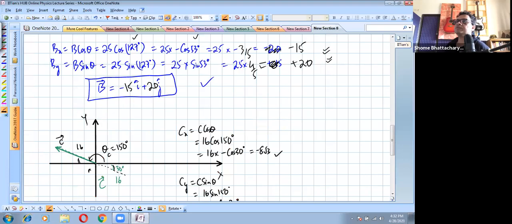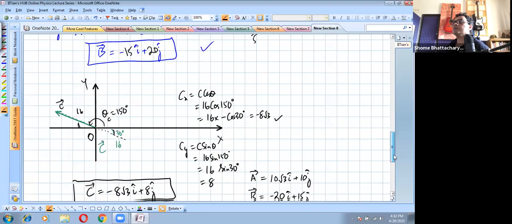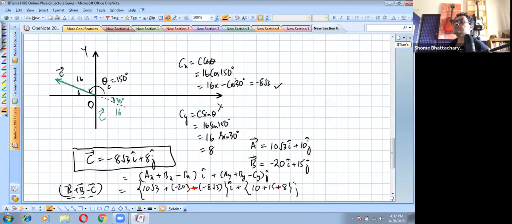So the moment you keep it from the origin, you can see that this angle is 30. So the angle C is making with the x-axis is in fact 150 degrees. It's in the second quadrant. So C's components become cos 150, which is minus cos 30, so that is minus 8 root 3, and sine 150, which is plus sine 30, so that is plus half. So C's components are correct.